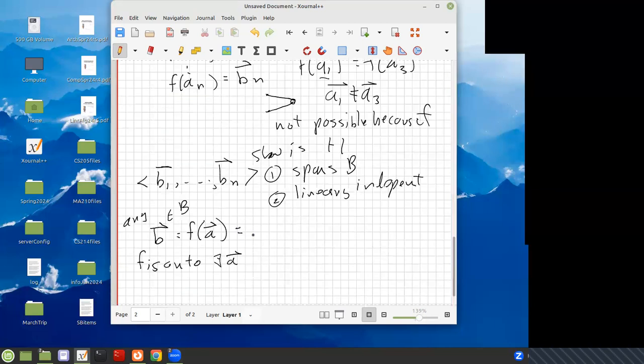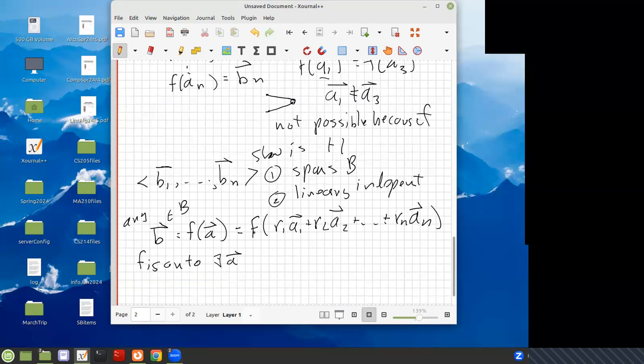So this has to be equal to F of R1 A1 plus R2 A2 plus dot dot dot plus Rn An, for some real numbers R1, R2, R3, up to Rn, because the A1, A2, up to An form a basis for the domain. So it spans the domain, and any vector has to be written this way.